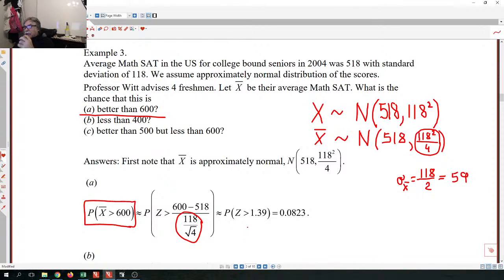When you calculate that, you end up with 1.39, right? So now we have a different statement. The statement is about z, which means that we can use the tables. Now, you notice I have here approximation. That, of course, is because we're talking about approximately normal. Notice both statements here on the top are about approximately normal.